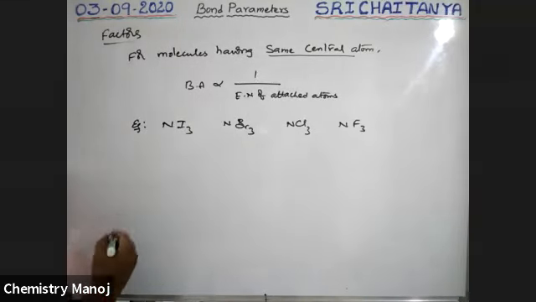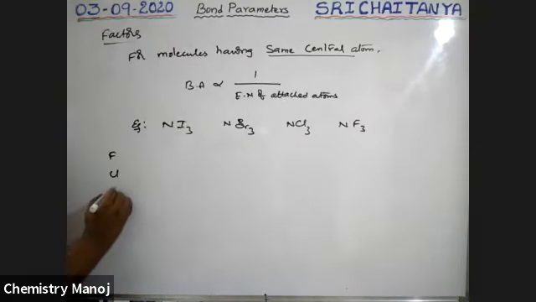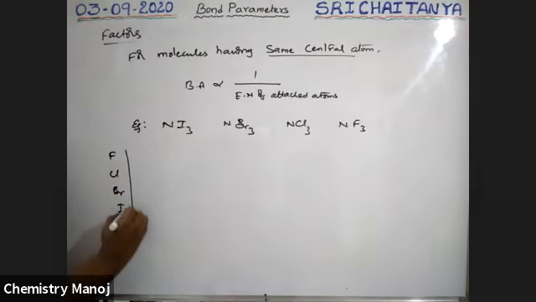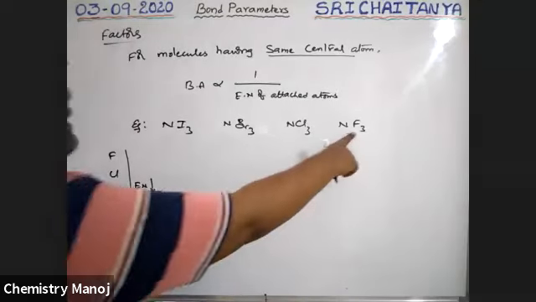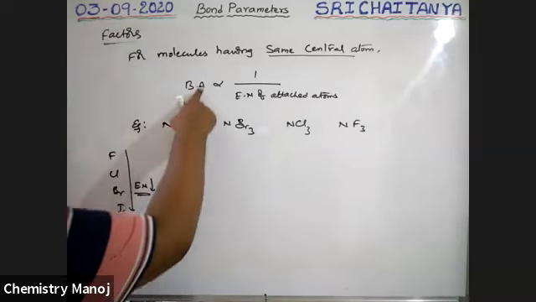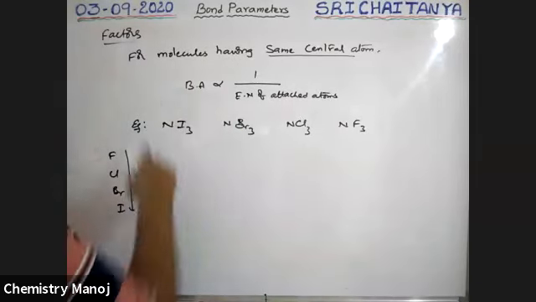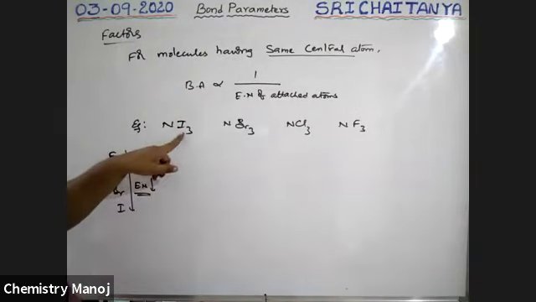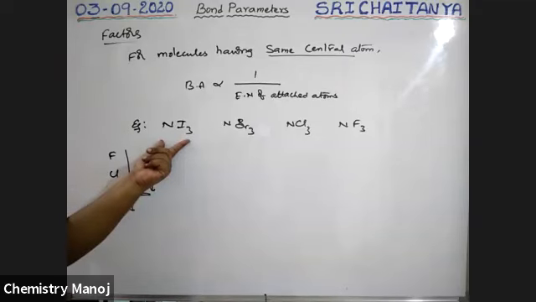We know in a group from top to bottom, electronegativity decreases. That means fluorine has the highest electronegativity, iodine has the least. So electronegativity is inversely proportional to bond angle. Therefore, least electronegativity means bond angle is higher.